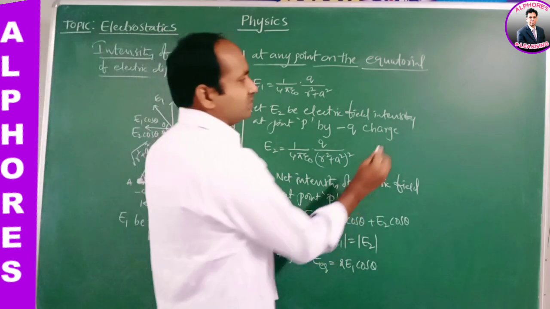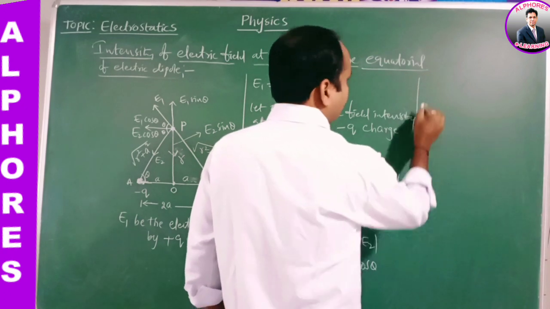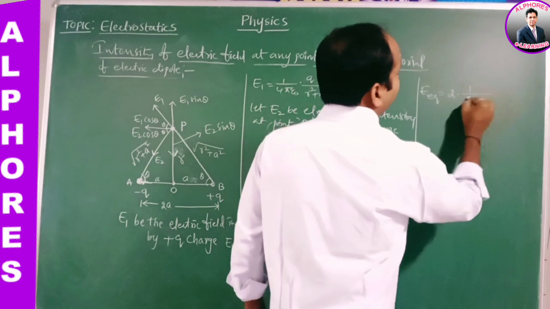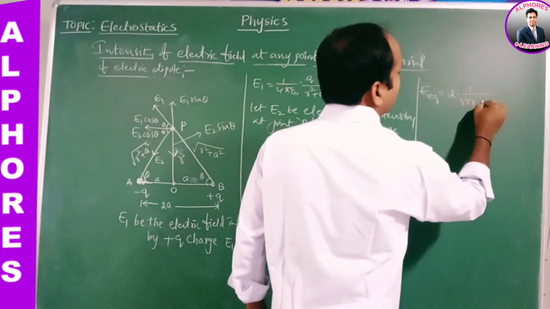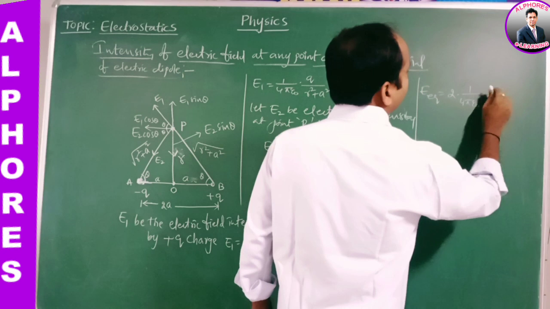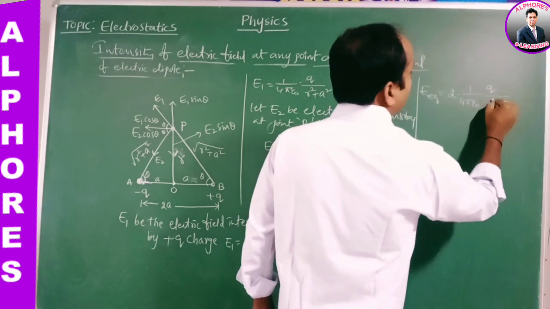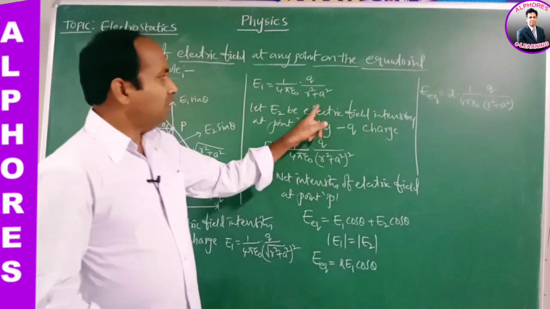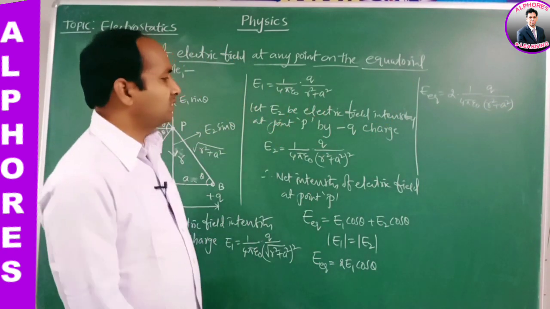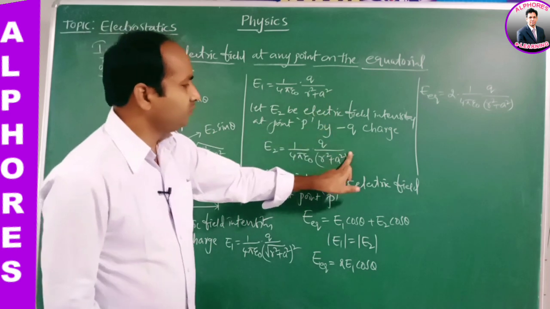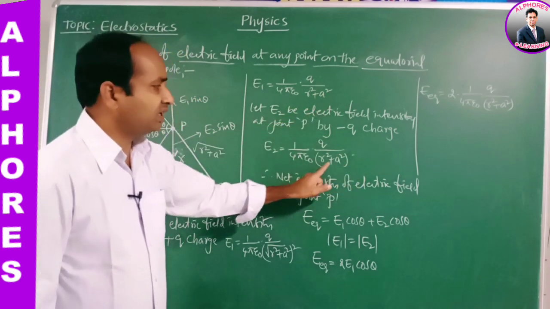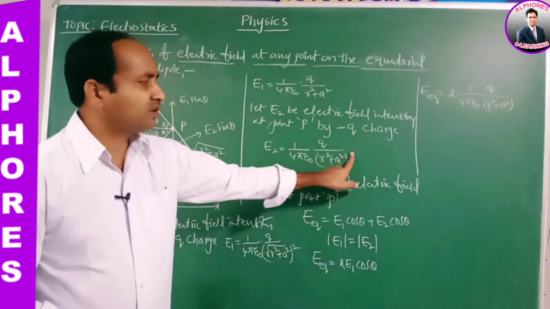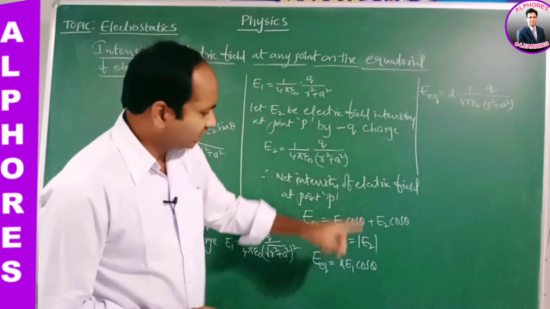Substitute the values. 2 times, what is E1? 1 by 4 pi epsilon naught Q by (R square plus A square). Here also R square plus A square, here also R square plus A square. Square root on both sides, the root cancels, we just get R square plus A square. But cos theta is there.